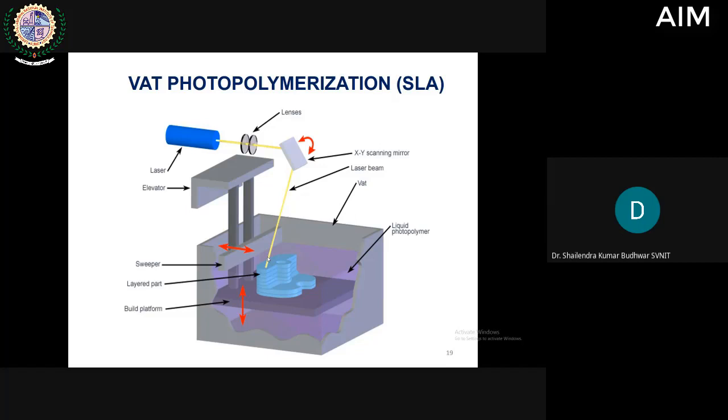Then the sweeper plate will spread the next layer of resin on the previous layer, and again the laser will scan that resin layer as per the STL file. In this manner the complete part is fabricated layer upon layer.